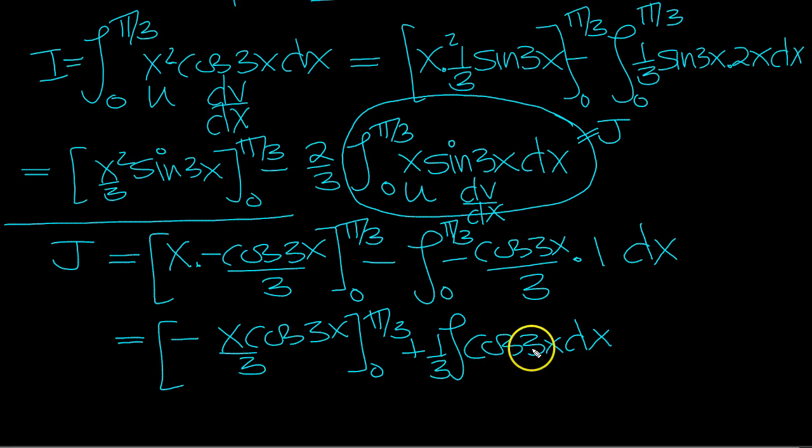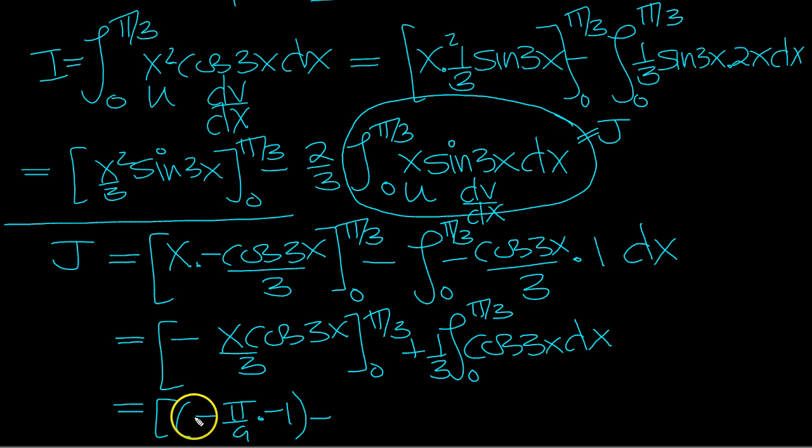Okay, good. So what do we get here? Between 0 and pi over 3, this would equal, put the top value in, cos of 90 here, cos of pi, wouldn't it? That would be minus 1. So it's minus, top value would be minus pi over 9, put that in there, times minus 1, because cos pi is minus 1, minus the bottom value, which is 0 because x is 0.